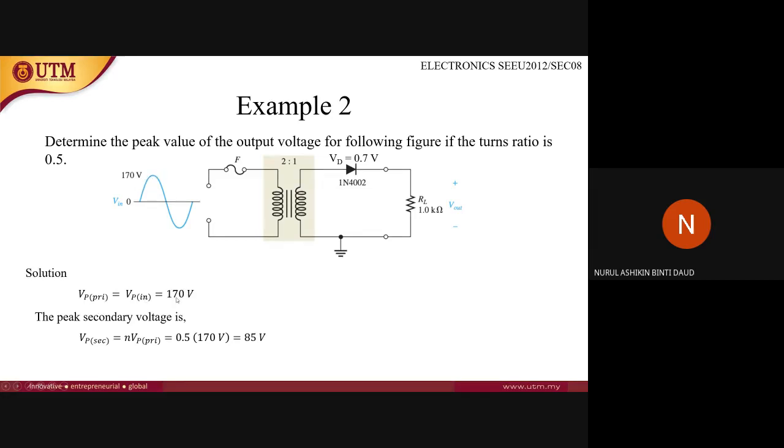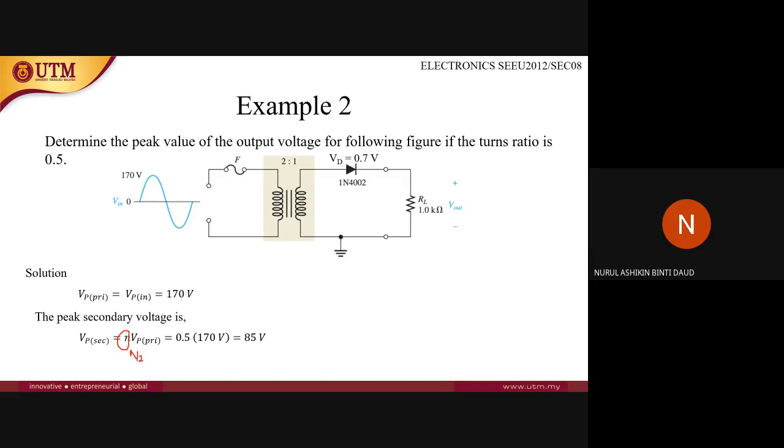So the peak secondary voltage, VP secondary, will be equal to N times VP primary, where this N is actually N2 over N1.